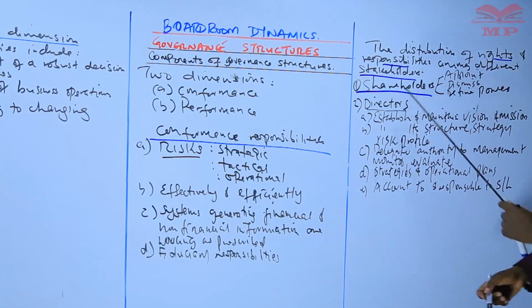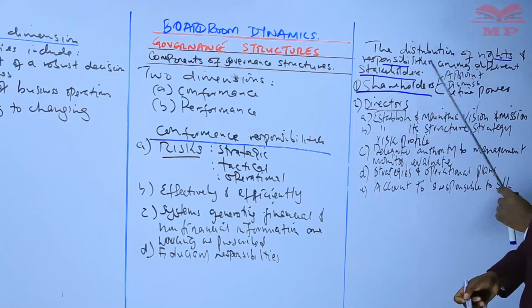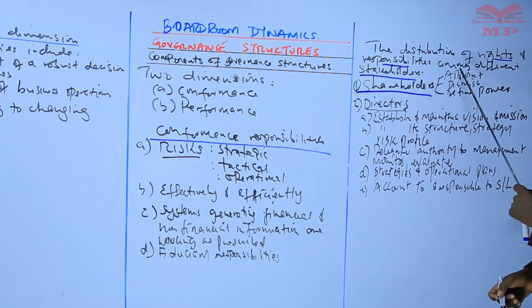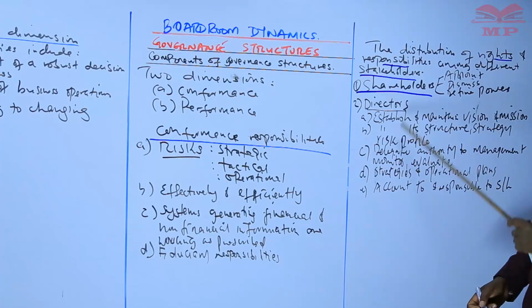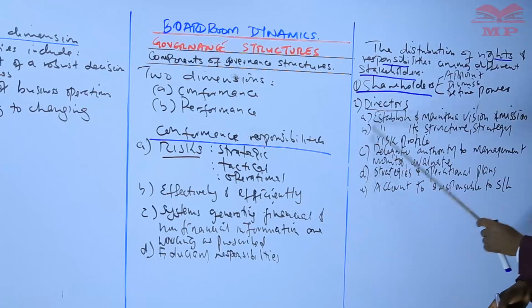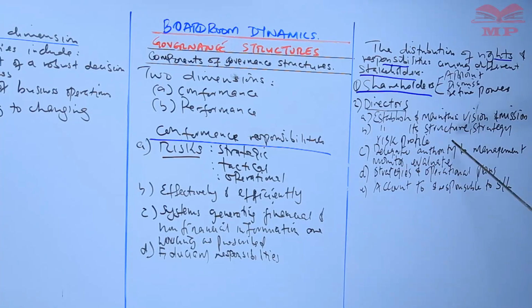And we mentioned that it is the responsibility of the shareholders to appoint these directors, to dismiss these directors, to define the powers of these directors. These directors have the responsibility to establish and maintain vision and mission statements and values. They also have the responsibility to establish company structure, strategy, and risk profile. Directors have the responsibility to delegate authority to management, to monitor and evaluate implementation of policies.